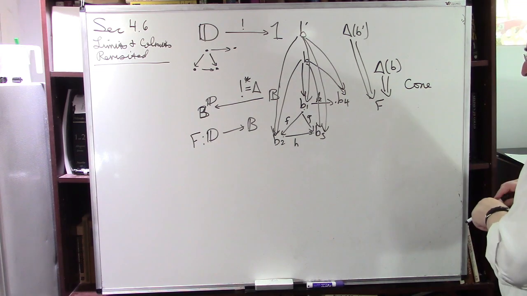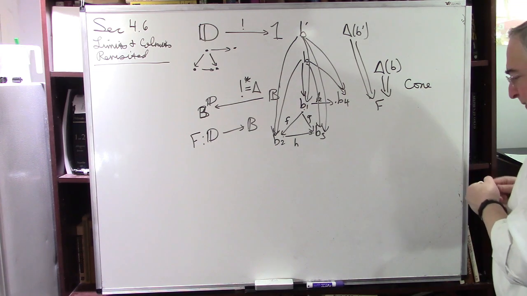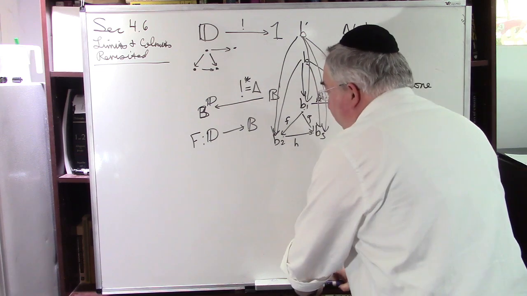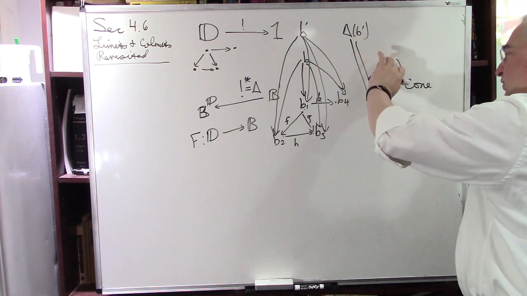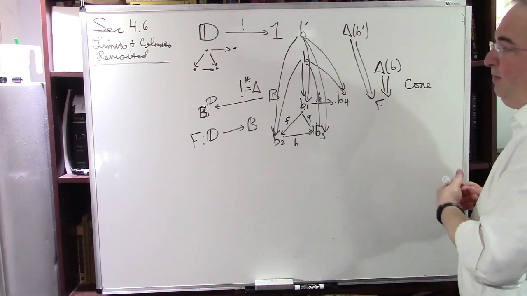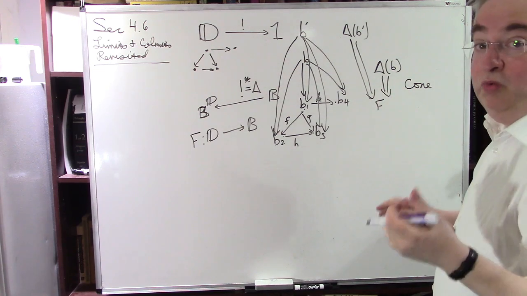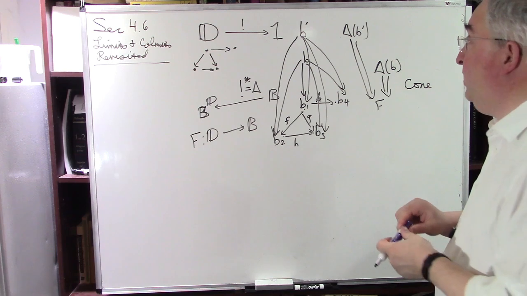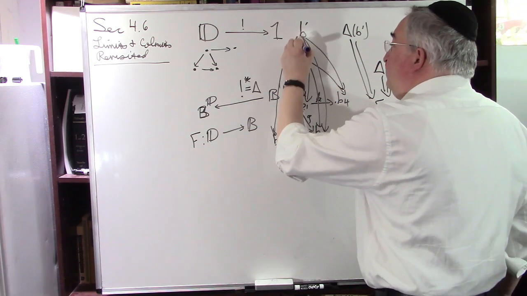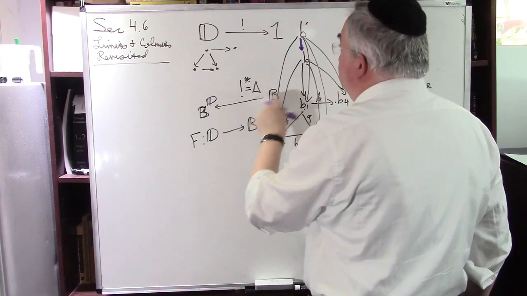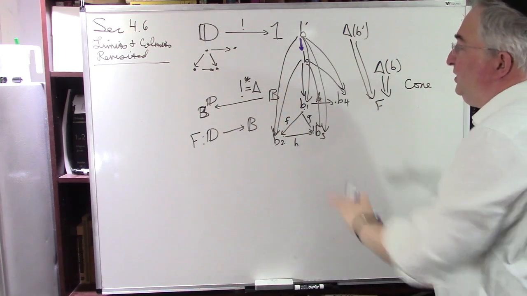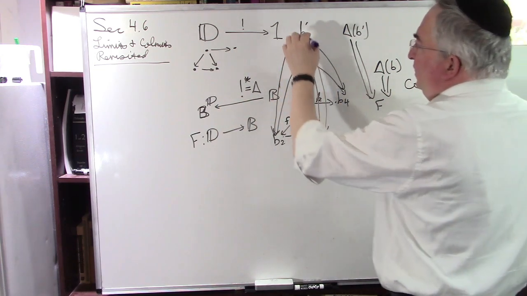Very nice. So here's a cone over F, here's another cone over F, and now we can talk about a morphism of cones. So there's a new concept. The morphism of cones is a morphism in B such that all these triangles commute.